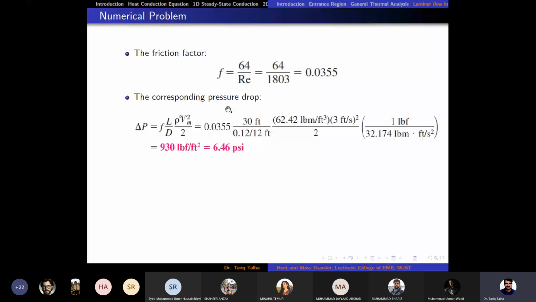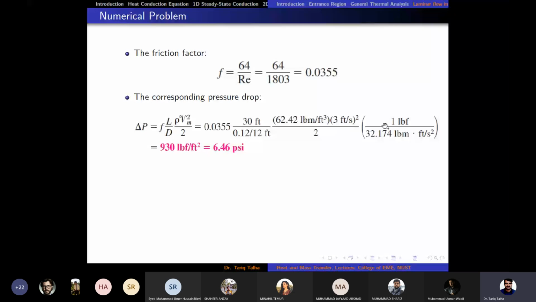The length of the pipe is 30 feet. The diameter is 0.12 divided by 12, because the diameter is in inches and we have to put it in feet, since the length is in feet. Either we convert length into inches or diameter into feet. We do it in feet because the velocity is also given in feet.